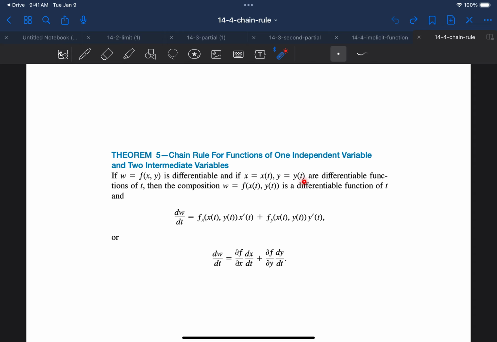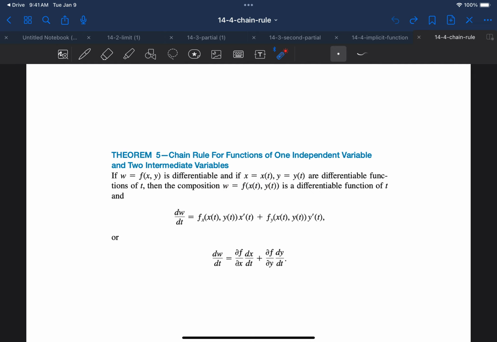So we say y of t. So all those three functions are differentiable. Then the composition w, which is equal to f of x of t, y of t, is a differentiable function of t. In other words, w depends on what t you're given.